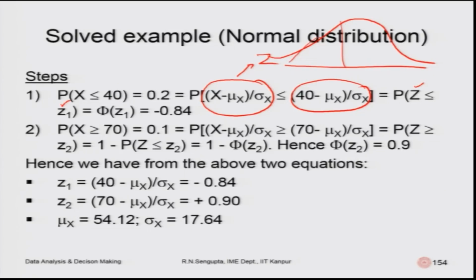That is given as 0.2. If you remember, till the mean the area is 0.5, so the area till the value where you get 0.2 would be on the left, hence the negative value. So, it comes out to be minus 0.84.